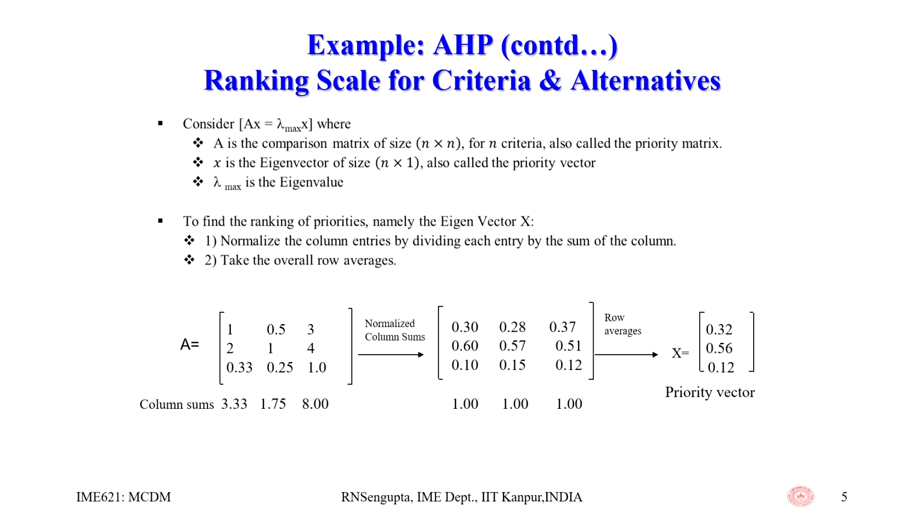Now, what we have considered in the last class, I will just repeat. Consider A is the comparison matrix at each stage. Each stage means considering the criteria, sub criteria, or considering the alternatives with the criteria, and different combinations. So, A is the comparison matrix of size n cross n.